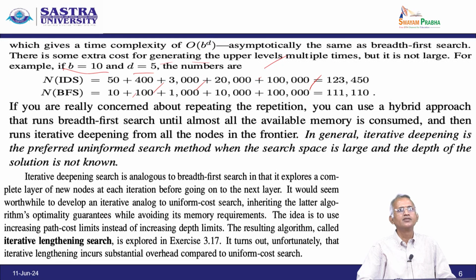If you are really concerned about the repetition, you can use a hybrid approach that runs a breadth first search until almost all available memory is consumed, and then runs iterative deepening from all the nodes in the frontier.